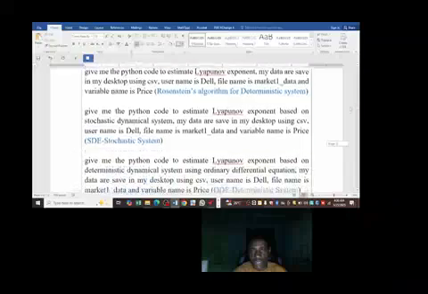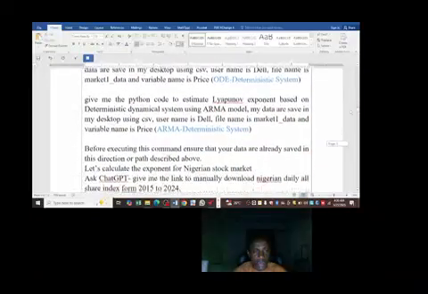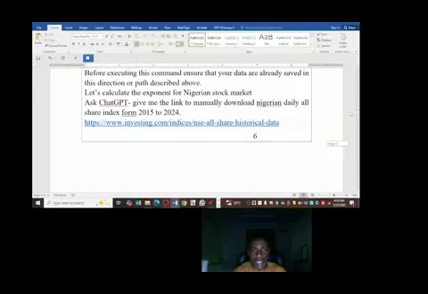Before executing this command, ensure that your data are already saved in the direction or path described above. We have given a direction where our data are saved: desktop, then the username Dell, the file name market1_data. That must be achieved before executing the code in Python, so that Python will know where your data are saved.